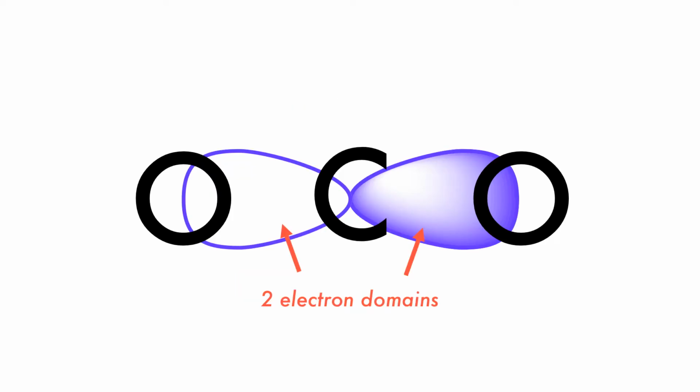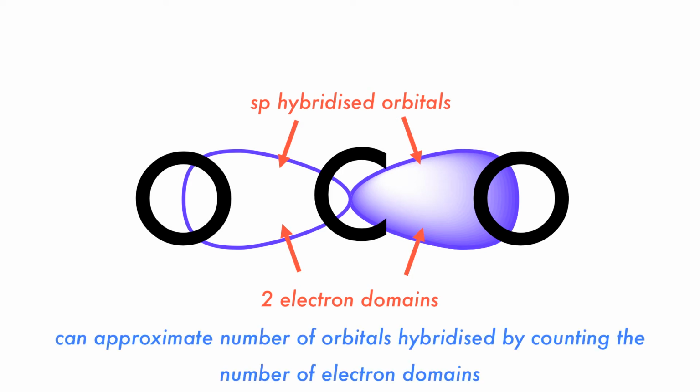The two electron domains give rise to sp hybridized molecular orbitals. For now, the number of electron domains can be counted and used to approximate how many orbitals will be hybridized by the central atom to satisfy the number of bonds. Usually, the orbitals s, p, and d are involved in hybridization.